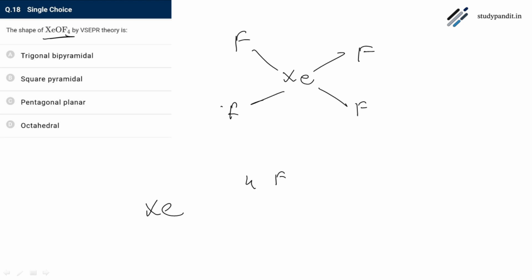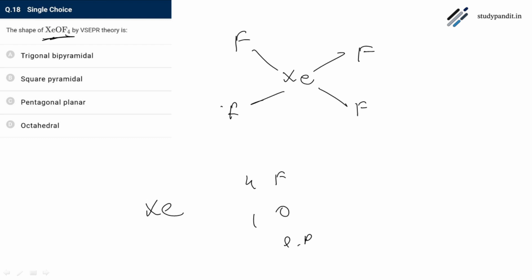Xe has 4 bonds with F. First we need to see what the hybridization of Xe is in this. 4 bonds with F. Now with O it will have a double bond, and then it will still be left with one lone pair.